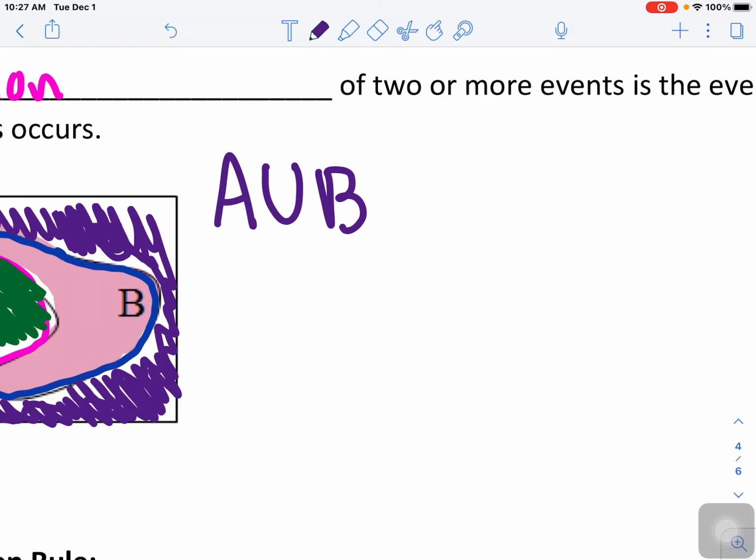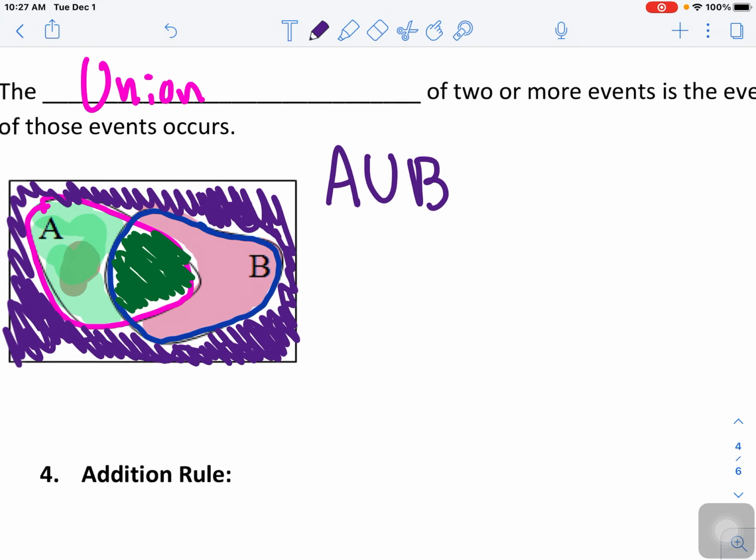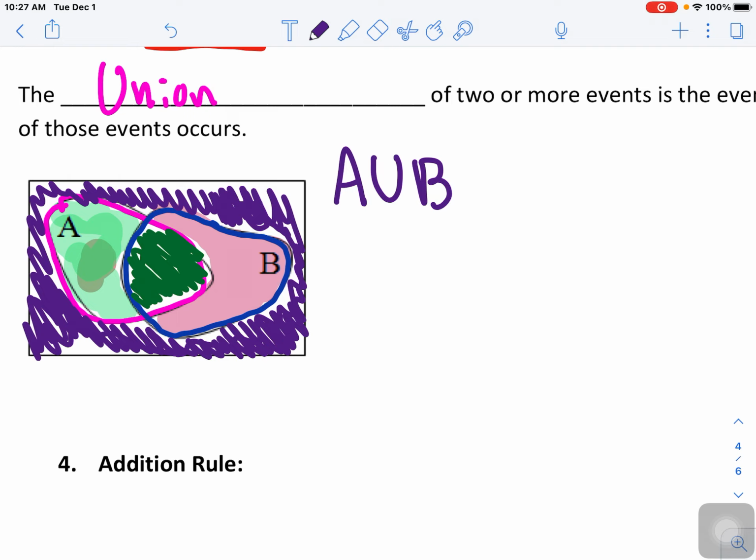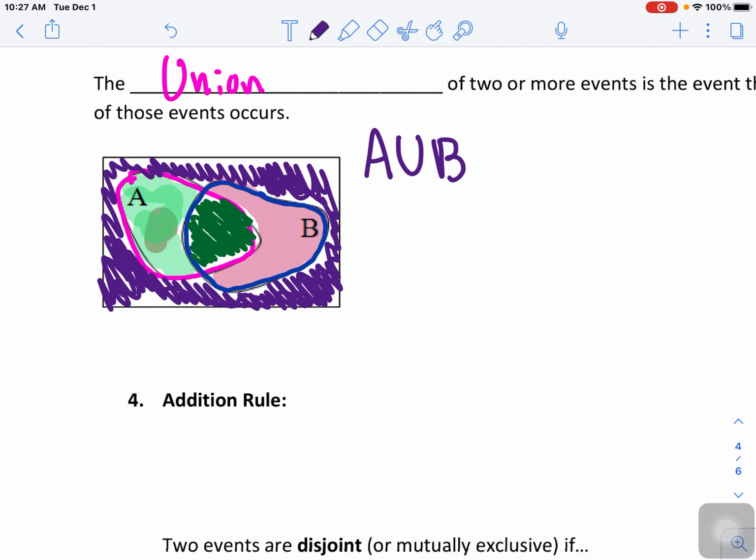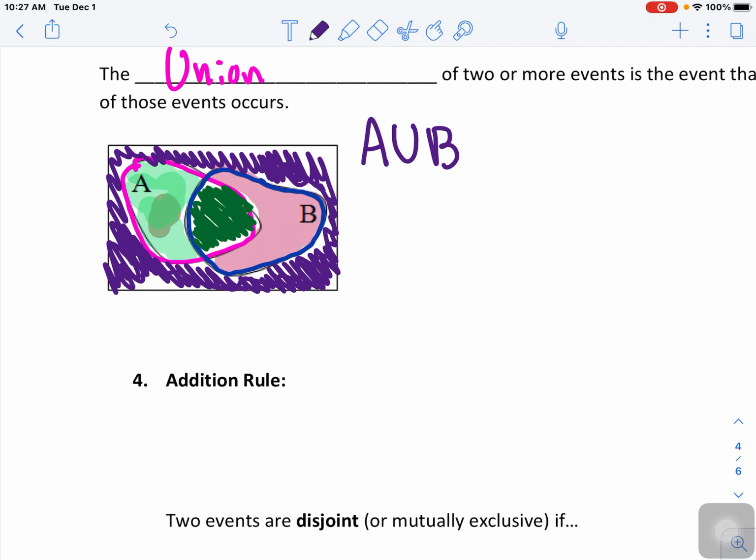It's not a U, but it looks like a U. It's this, A union B. This is just the probability that either A or B happens. All right, and we'll look at this with the addition rule. So this is either A or B happening. So the union is A or B.